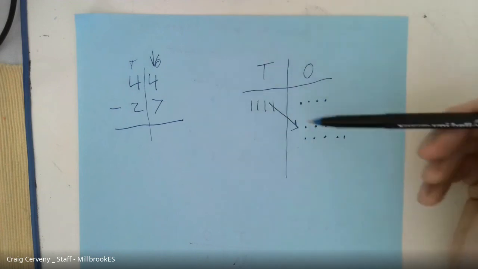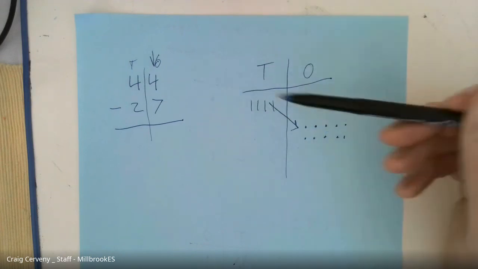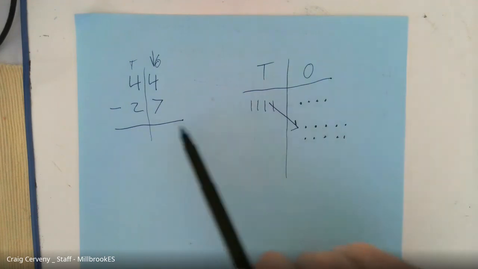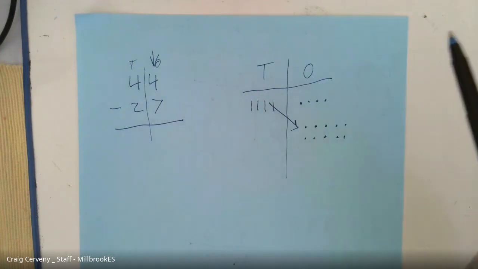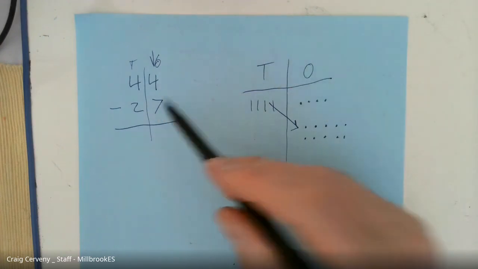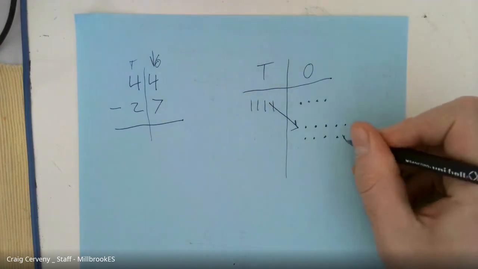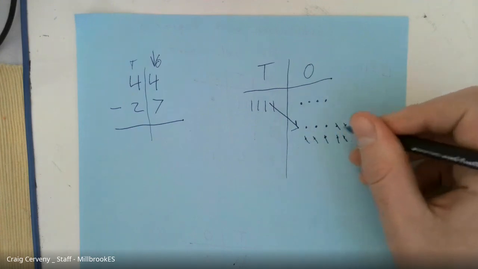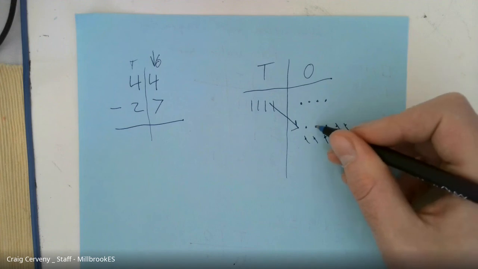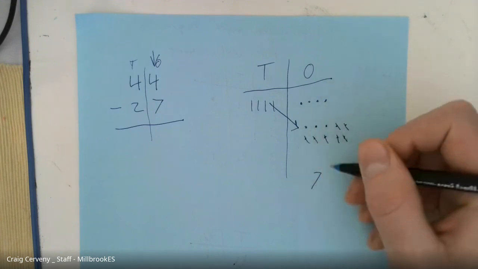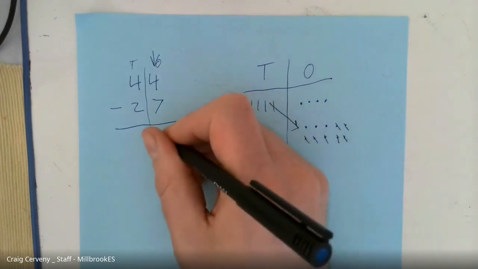We brought that over, and now we have 14 ones and 3 tens, which is still 44. So then we have to cross out 7 of them. 1, 2, 3, 4, 5, 6, 7. That leaves us with 7 left over here.